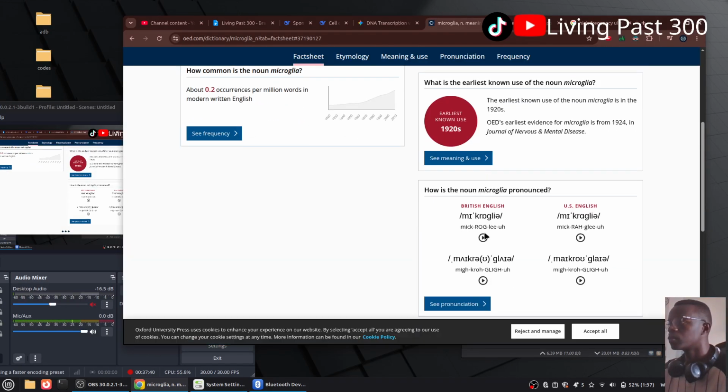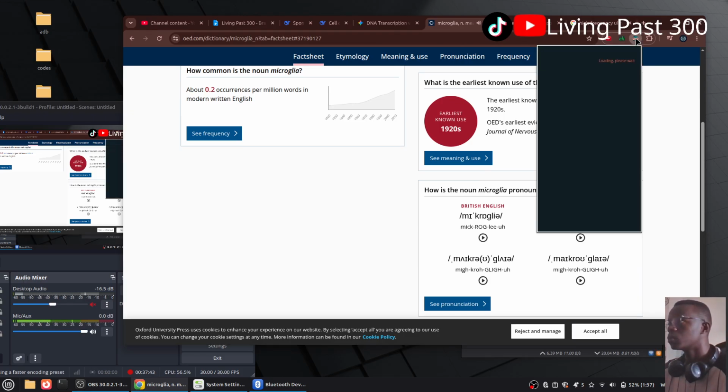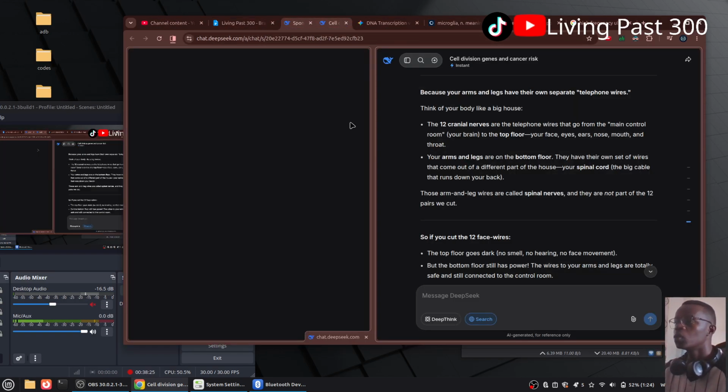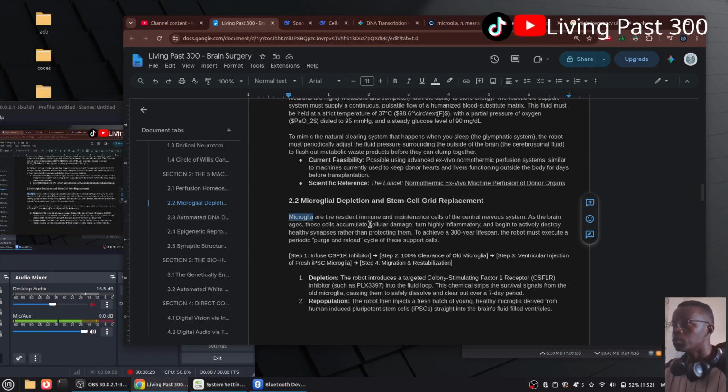So all of these are around microglia. Microglia, the resident immune and maintenance cells of the central nervous system.